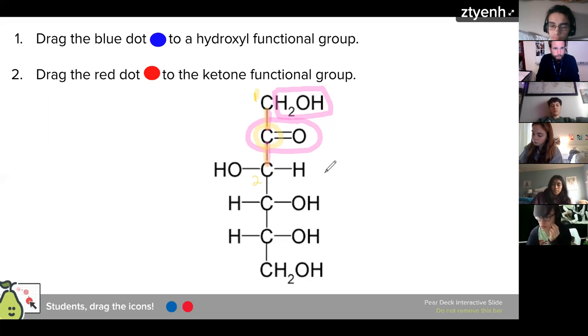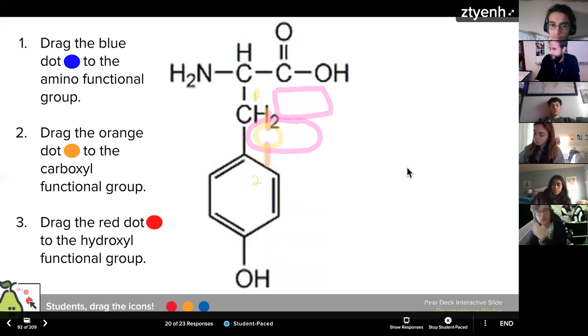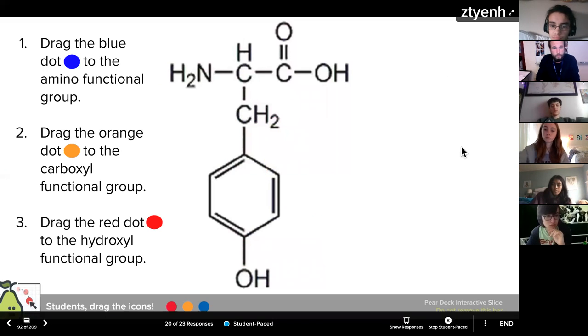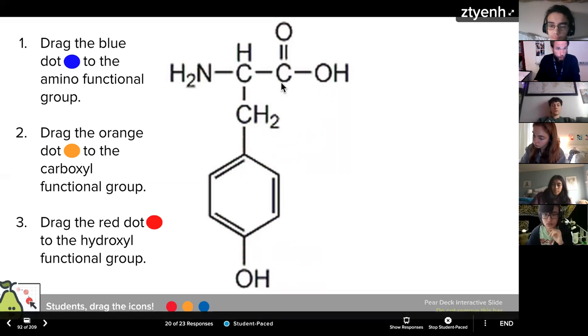Okay. So for the next slide, we had that hydroxyl group that wasn't really a hydroxyl group because it was connected to the carbon double bonded O. So that's like a larger group, but that doesn't apply to the previous slide. No, this is not a carbonyl group, right? It's not an aldehyde group, it's not a ketone group.